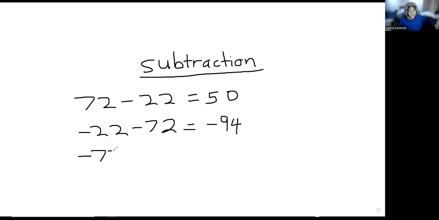Or I could do minus 72 minus 22. And that would be equal, let's see, still negative 94, because it'd be like adding. Okay, so basically subtraction is different, like this and this are different.